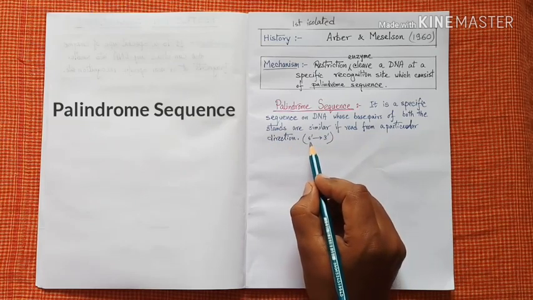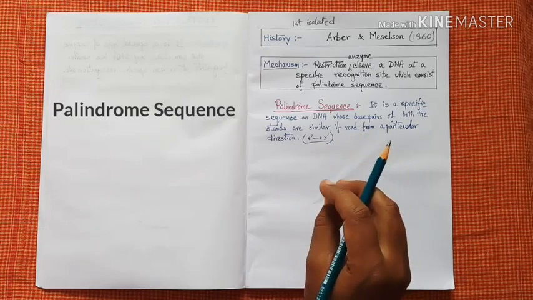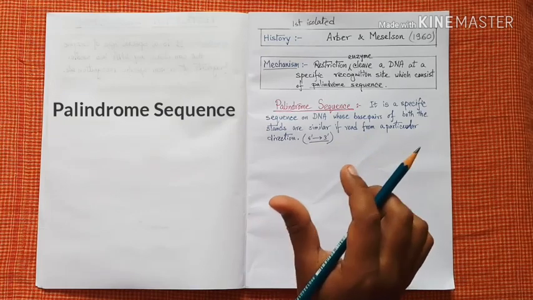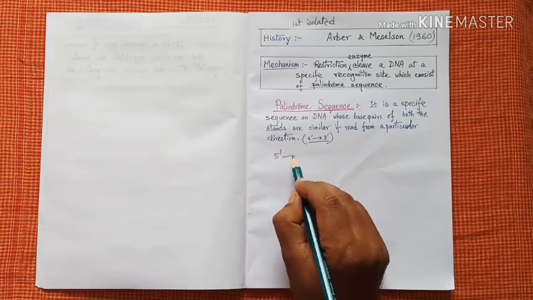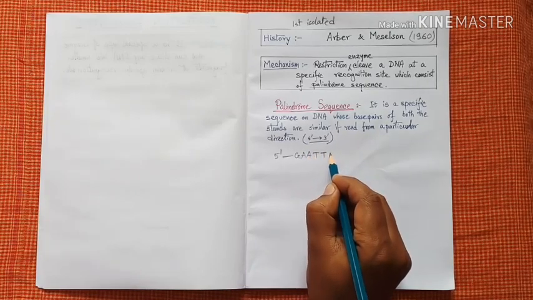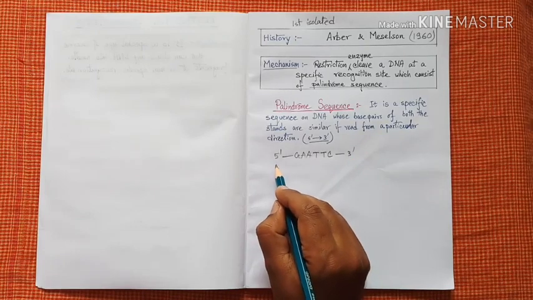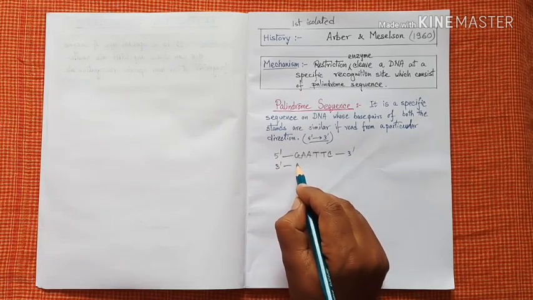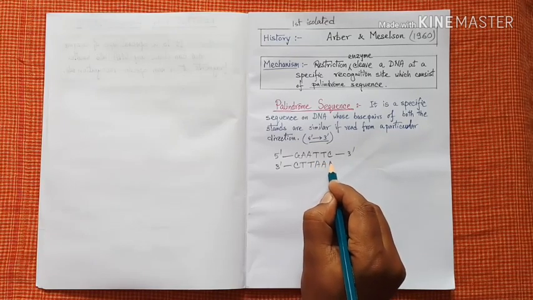Suppose you are reading any DNA fragment from 5' to 3' direction, and you will always have the same set of base pairs. We can think about an example. Suppose this is a segment of DNA which consists of a palindrome sequence, CTTAAG.